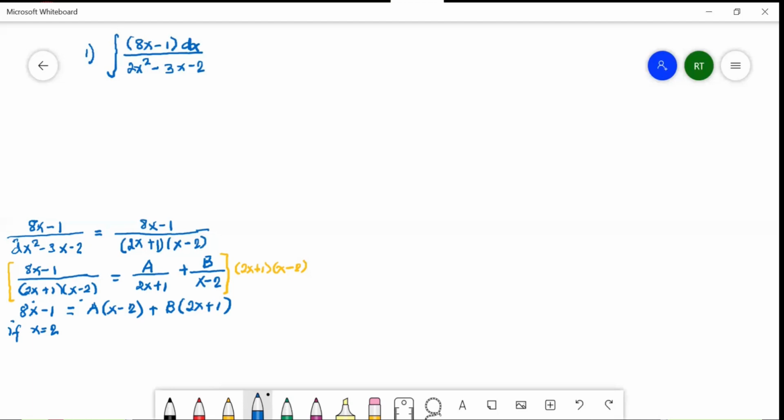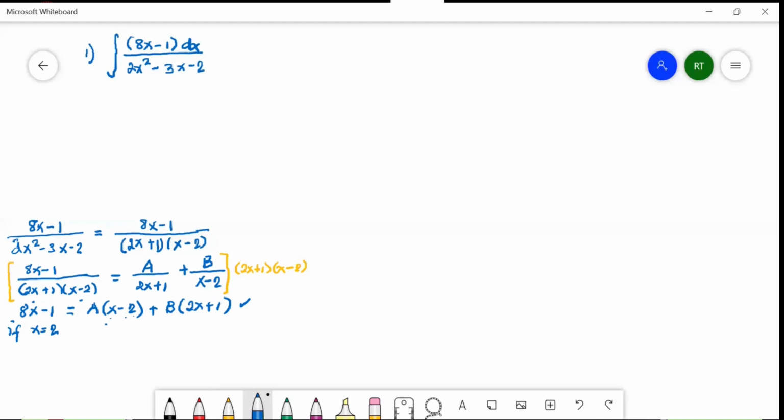If we substitute x equals 2 in the simplified form, 8x minus 1 is equal to A times the quantity (x minus 2) plus B times the quantity (2x plus 1). When x is 2, of course, x minus 2 will be 0, right? So what will happen?